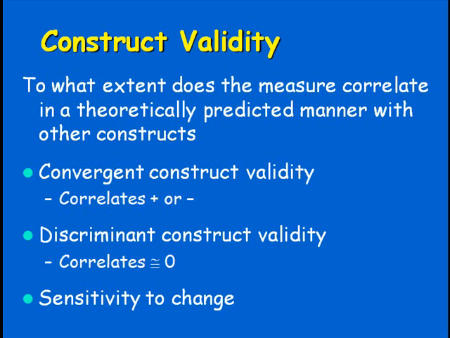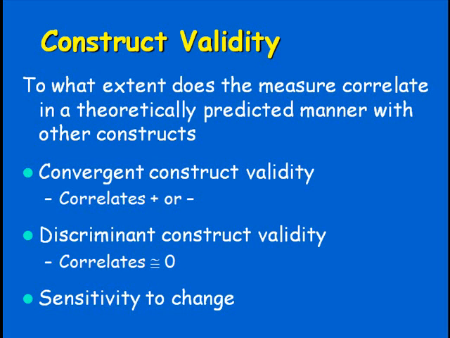And between depression and anxiety, we find a positive 0.73. And so those two demonstrate convergent construct validity, because you would expect depression to be related to anxiety and self-esteem, because they correlate either positively or negatively.